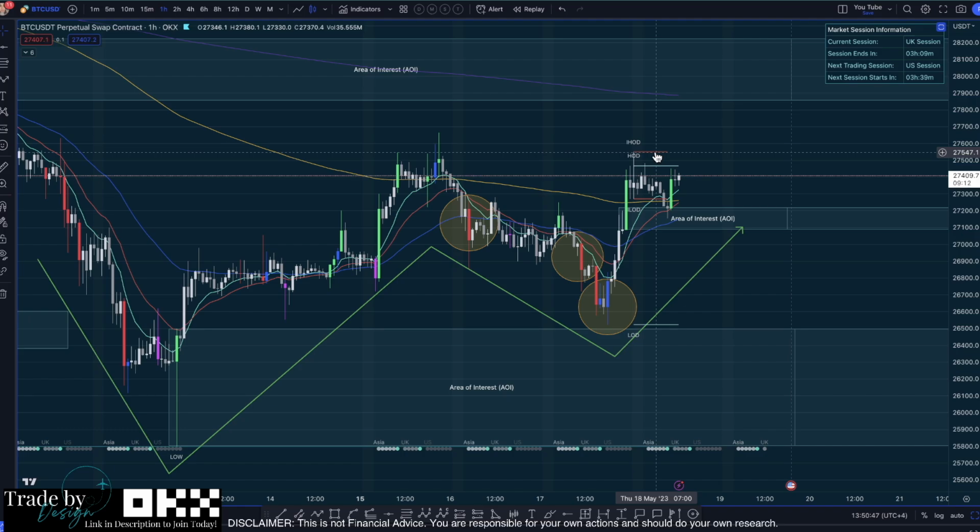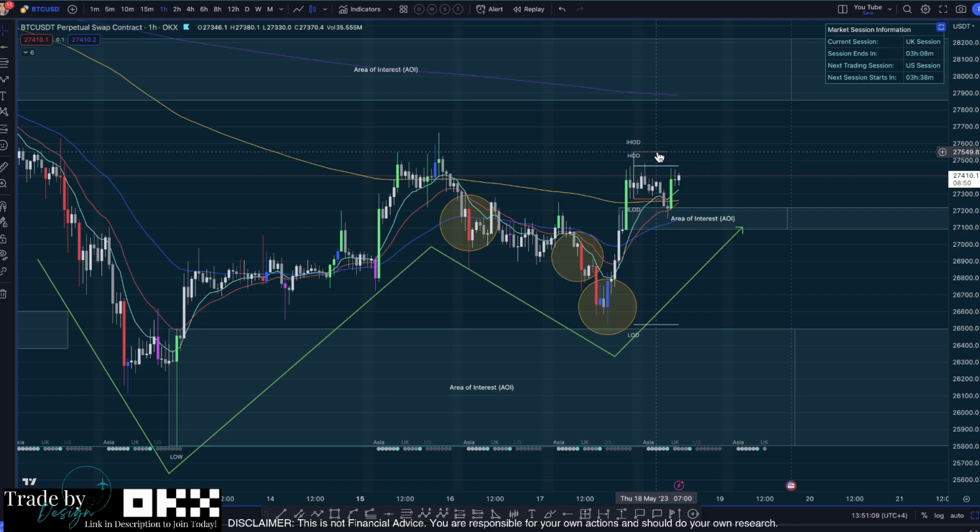So the highest point that price went during the Asia session today when the market opened. It does include the dead gap zone, and price at this point in time has not come back there. So we do want to see, once Asia is finished, we do want to see the initial high of the day get broken if we're to have continuation to the upside.